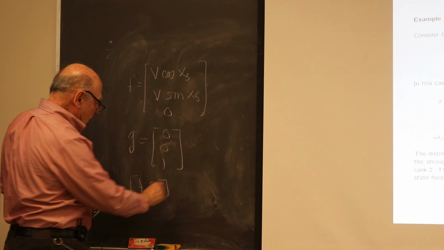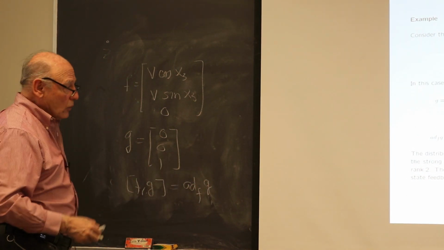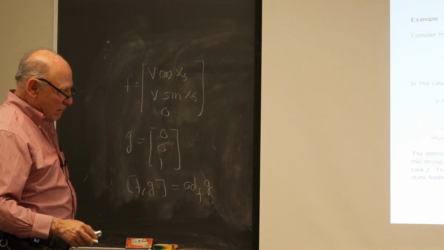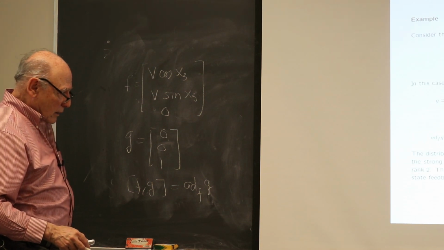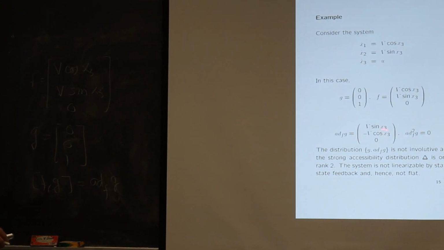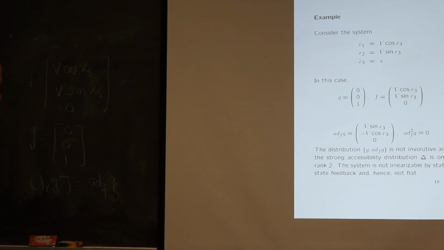I compute fg, the operator ad fg, the adjoint operator, and it gives me this, which is proportional to this, except for, no, it's not proportional, sorry. So the distribution g, ad fg, if I compute ad fg, is this, because if I compute the next one, ad f squared g, it gives me a 0.